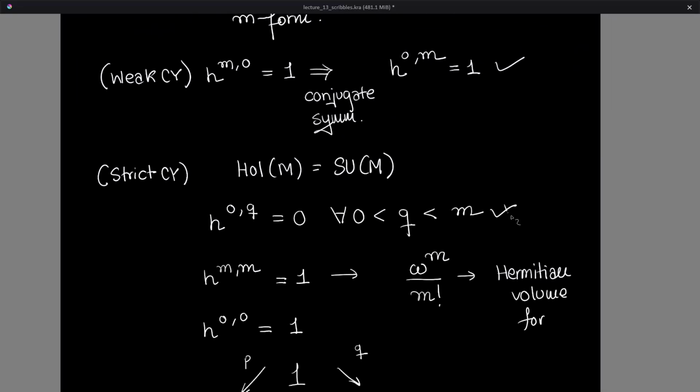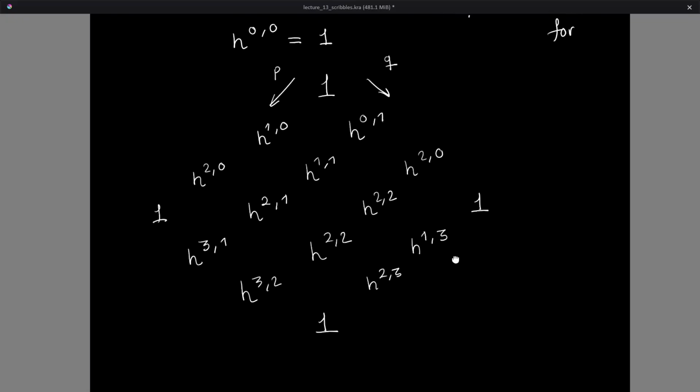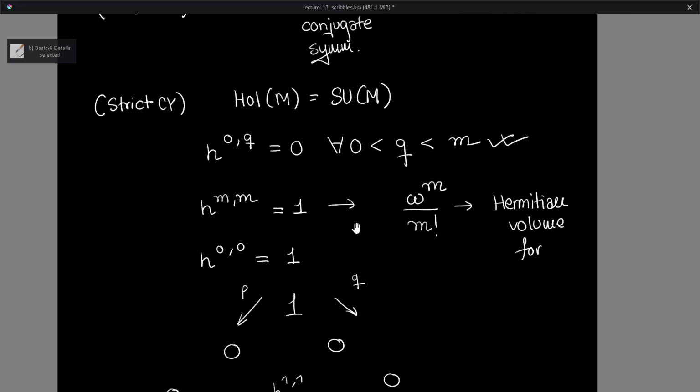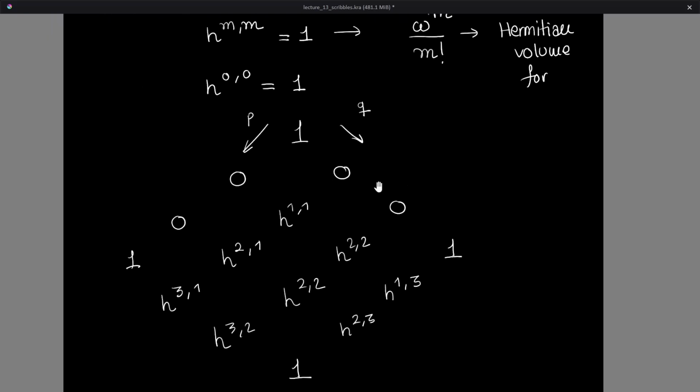Remember, these are all equal to 0, and what that means is that these are 0, which conjugates over to the other side, which gives us that these are 0. Whichever way you want to think about it, you could say that H^{0,q} is 0 or H^{q,0} is 0. Anyway, they're equivalent because of conjugate symmetry.